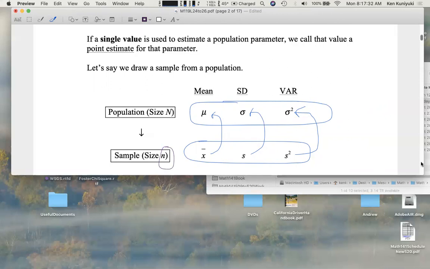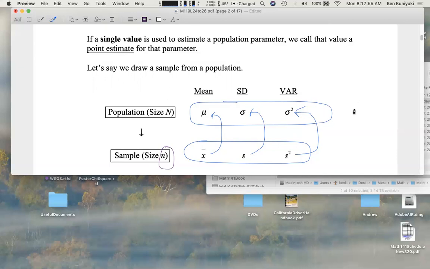All right, so we've talked about population parameters, the sample statistics we use as point estimates for those population parameters, and also the reason why we like some of these sample statistics as our best point estimates. It helps for them to be unbiased. S isn't quite an unbiased estimator for sigma, but it's close enough.